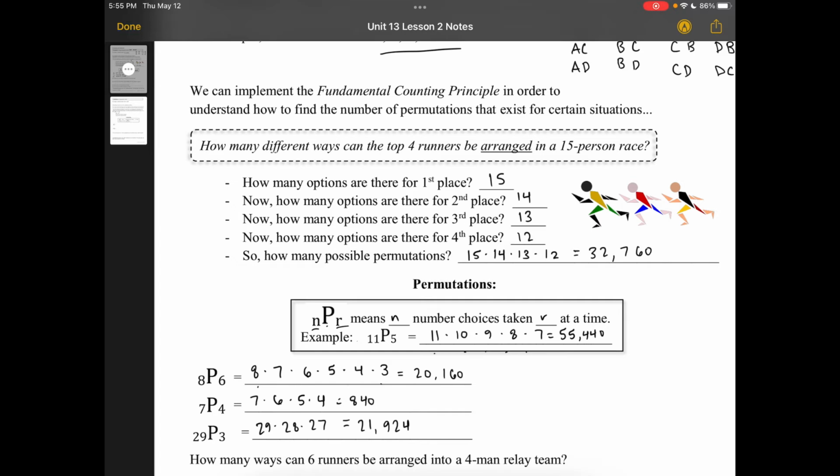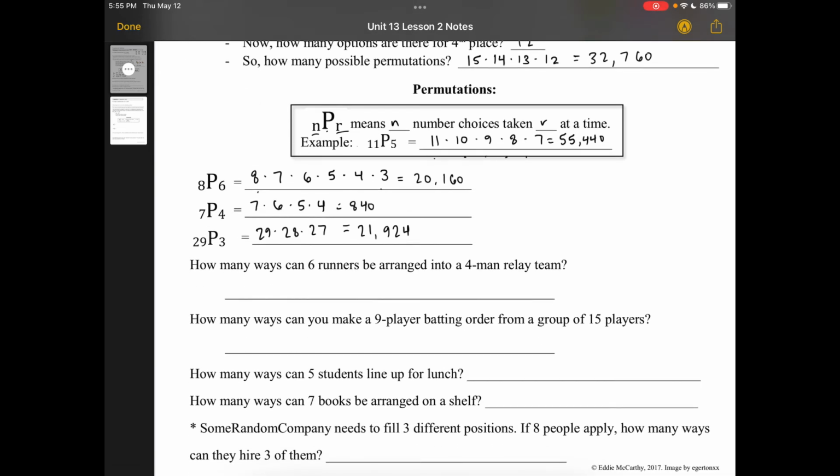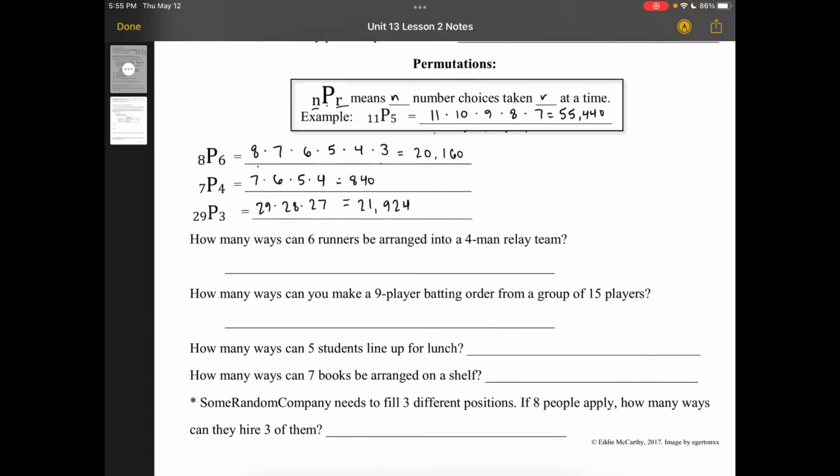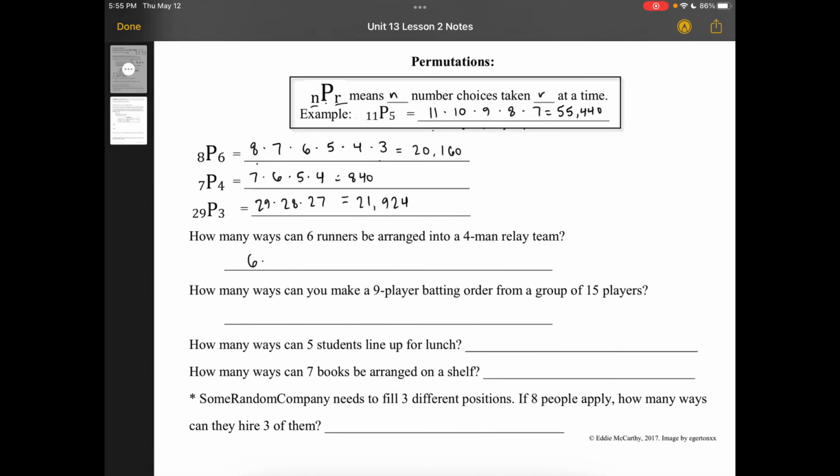So let's see, how many ways can 6 runners be arranged into a 4-person relay team? So this would be a 6 choose 4 situation. That would be 6 times 5 times 4 times 3, which would give us 360.